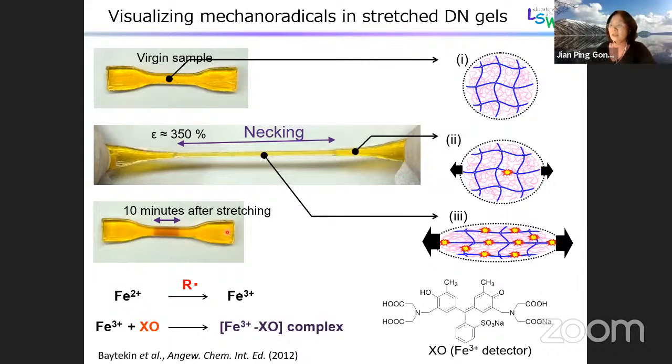And this is an example showing that after stretching, the necking part shows a color change. That's the indication of mechanoradical generation in these systems. So using this method, we can actually determine the internal fractures, how many chains are broken, by this kind of reaction.